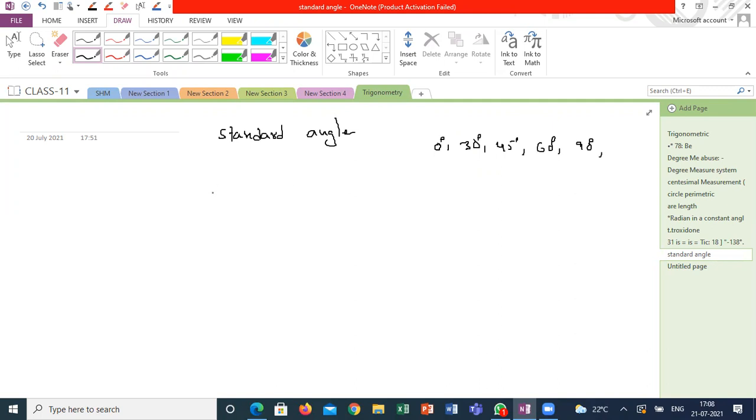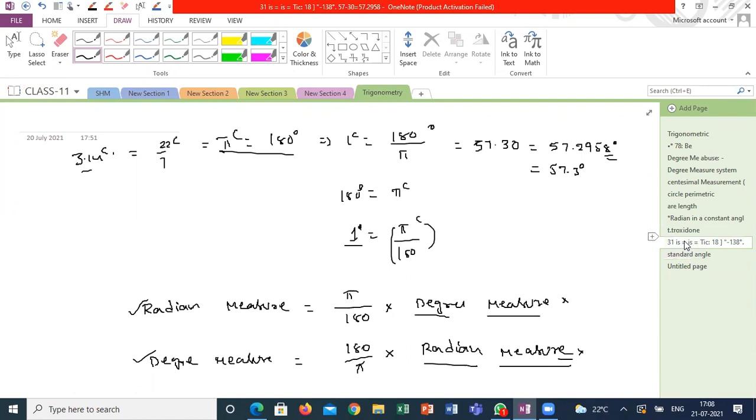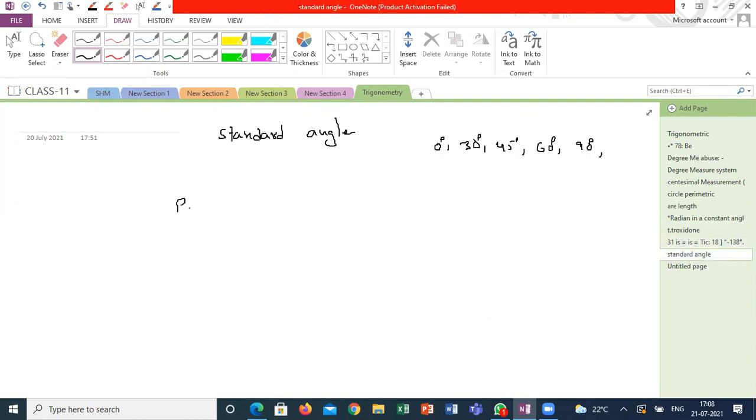If I ask you to convert 0 degrees to radians, what is the radian measure? Radian measure is equal to pi by 180 into degree measure.